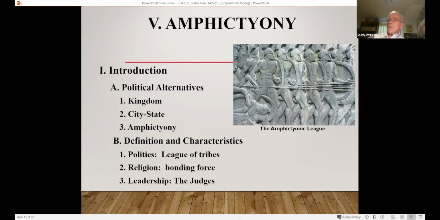So they all look back to Moses. They all look back to a common law, and especially to this idea of God saving them in the Exodus. Now, the leaders in the amphictyony are called the judges. So that's why the next book in the Old Testament is going to describe their activity.